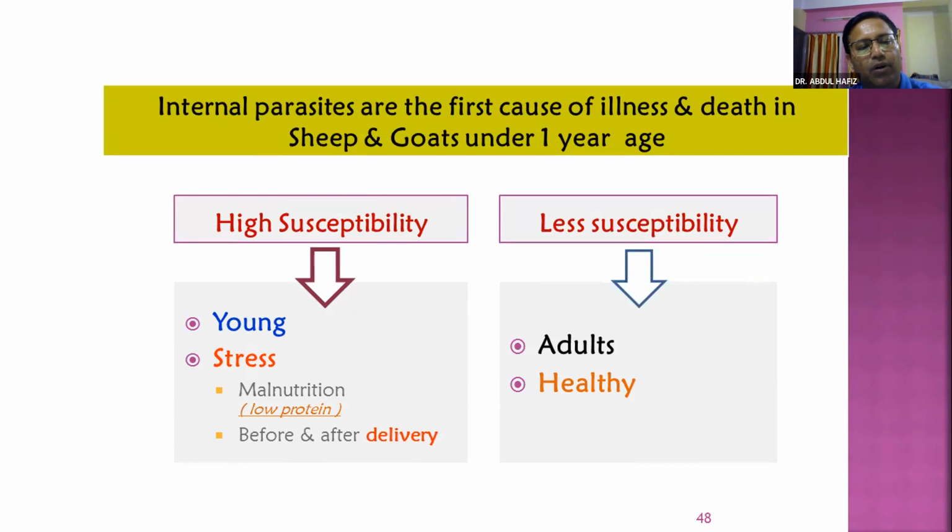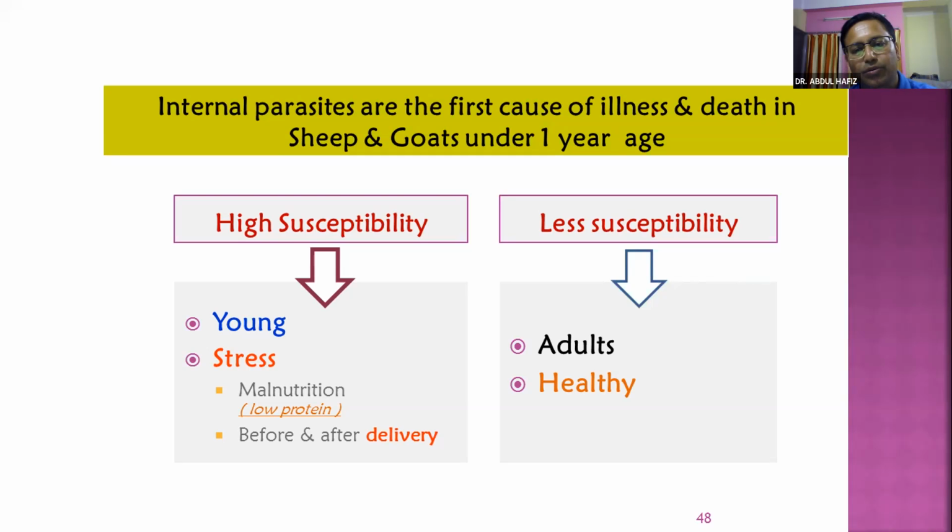The younger age group is highly susceptible, as are stressed animals, that means malnourished animals or animals with low protein content in the diet. These are the main susceptible animals. Less susceptible are adult and healthy animals.